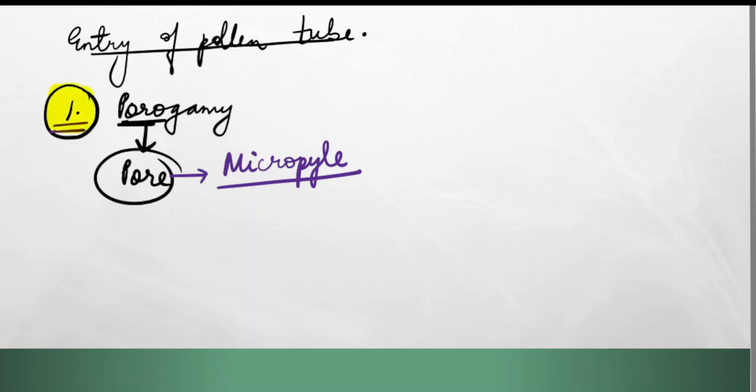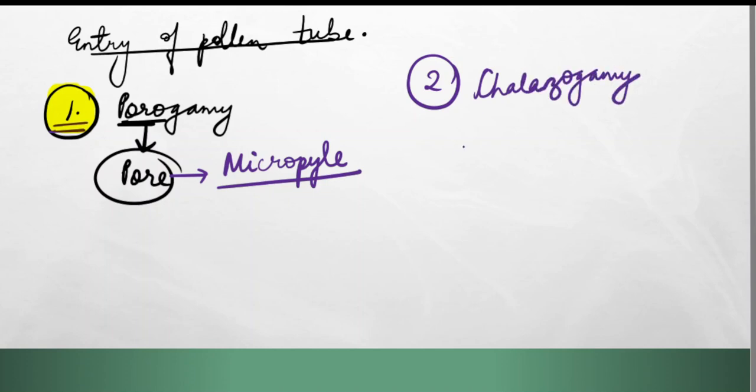Now the second place from where it can enter is the chalaza. If the pollen tube enters from the chalaza, we say it as chalazogamy.